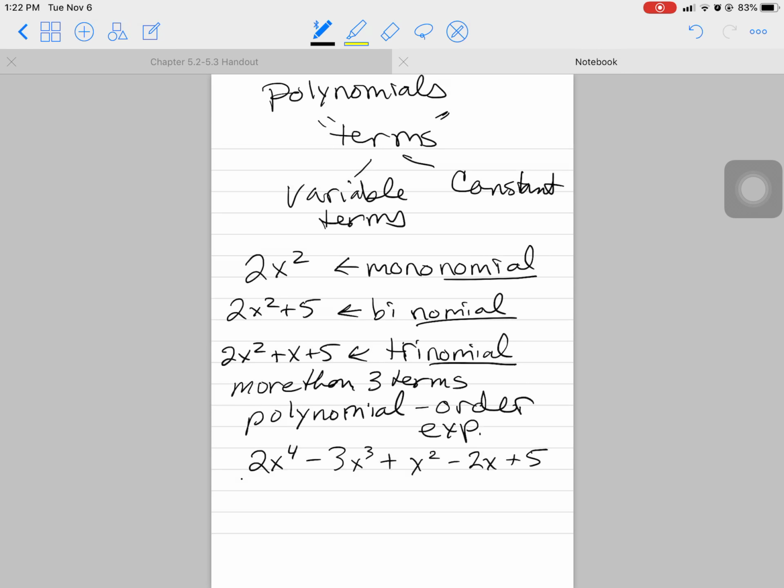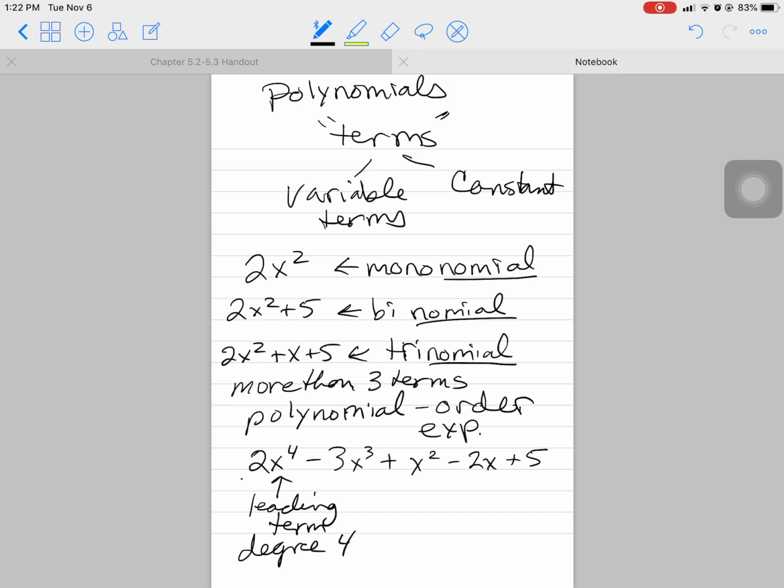Okay, so they were ordered by exponential order. So this is the variable term that has an exponent of a 4 would be the leading term with a degree of 4.